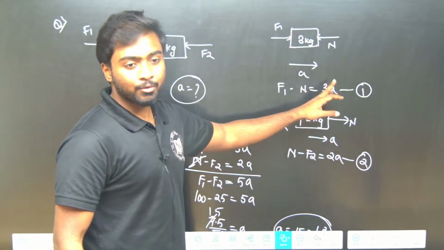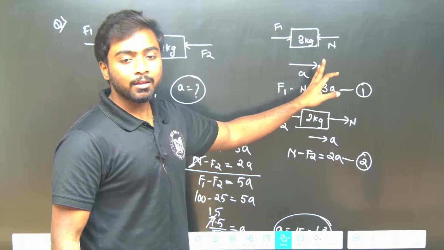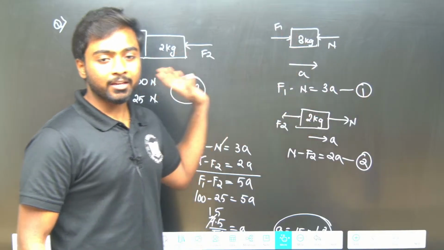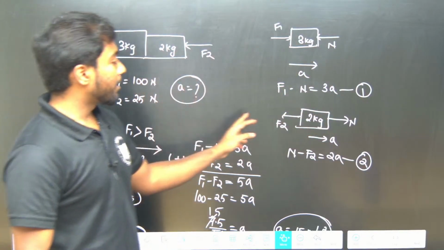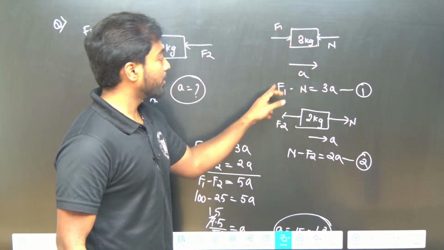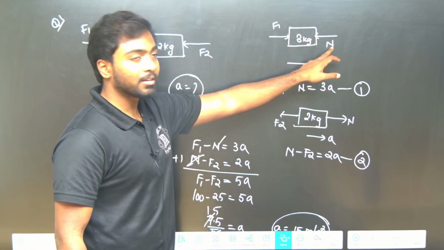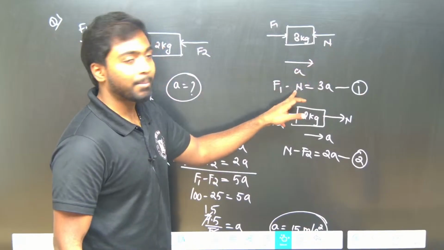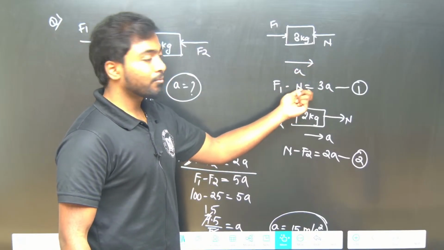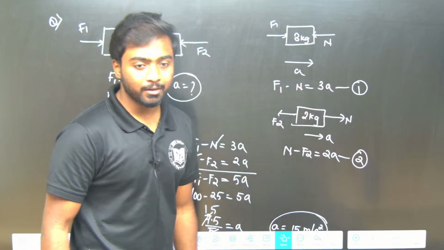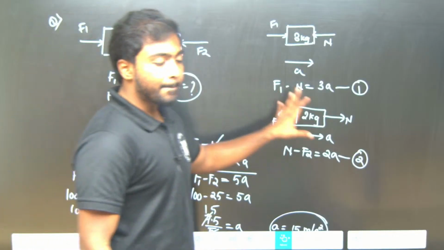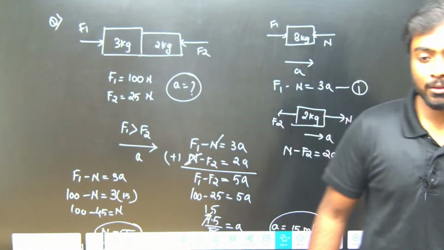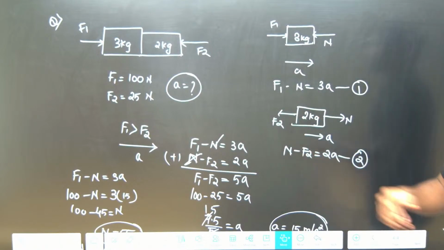The direction of acceleration gives us the positive forces, the opposite direction gives us the negative forces. Like F1 is positive, and opposite to the acceleration is the normal force, that is minus N. So F1 minus N equals 3a. This is how we will proceed whenever the problem is given in these types.